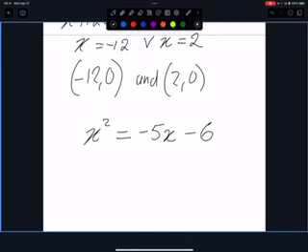Find the roots of this equation. x squared equals minus 5x minus 6. So your first step, you cannot place two equal signs.